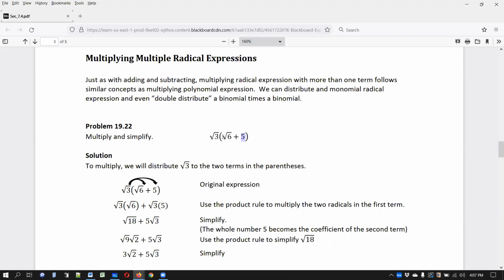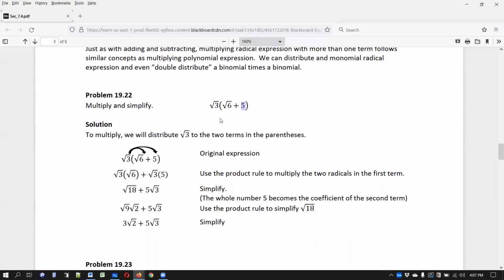Why not? The number 3 is inside the radical, the number 5 isn't. So the 5 is going to multiply the invisible 1 that is in front of the radical. That's why when we multiply this by this, we don't get radical 15, but we get 5 radical 3, as you can see right here.